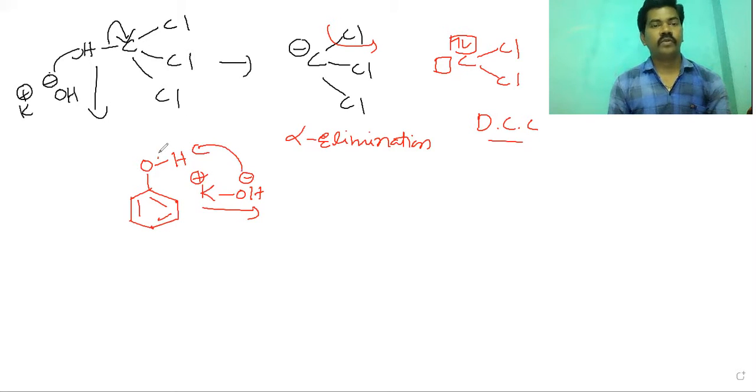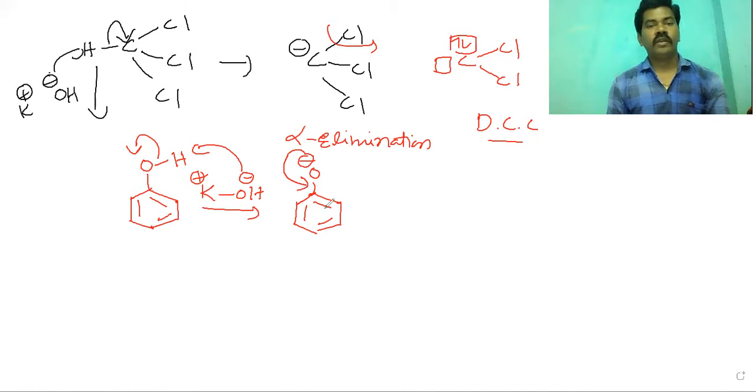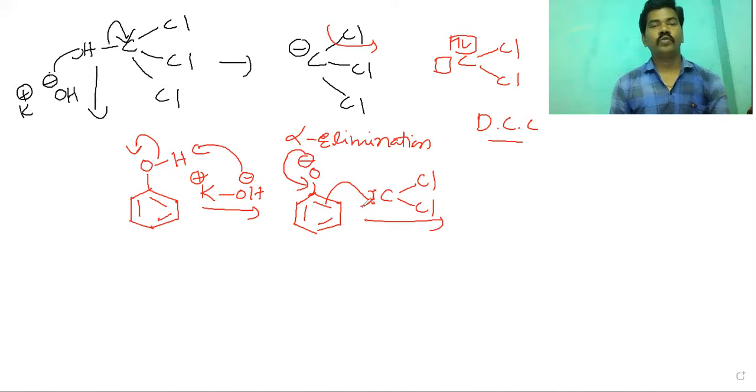This will attack the phenolic proton, and as a result the bond pair shifts to oxygen, so oxygen gets a negative charge, O minus. Now this electron pair shifts to the ring carbon, and this carbon gives its bond pair to dichlorocarbene. As a result, there is a bond between these two carbons at the ortho position.